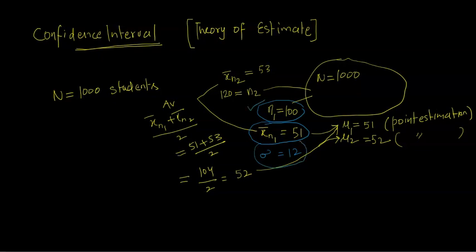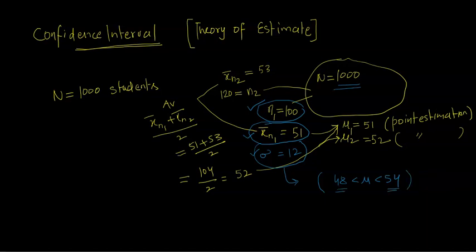And depending on these three observations, the number of units I picked up for the sample, the average of the sample, and the assumed population standard deviation, I can make some estimation that the average marks of the entire batch of 1,000 students, on the basis of this sample information, is somewhere between, let's say, 48 to, I would say, 54 marks. I will definitely be talking about these calculations of 48 and 54, and how these things appear.